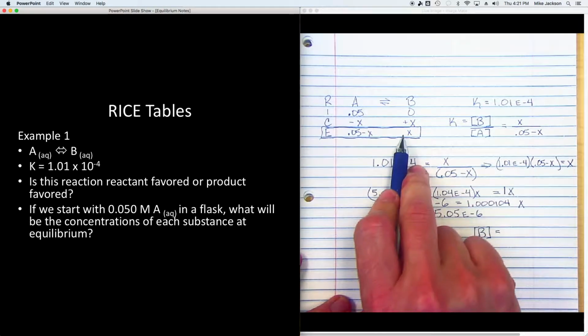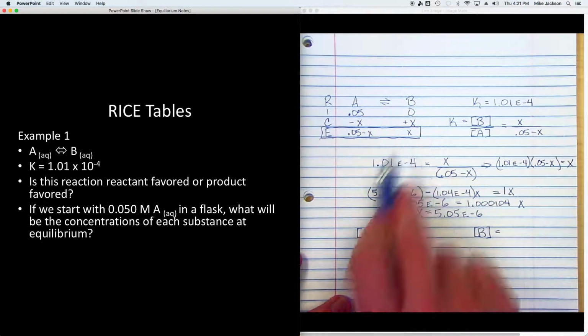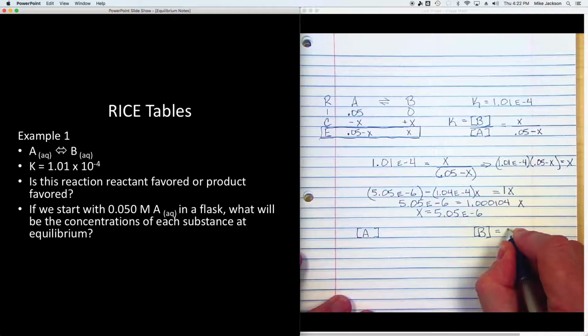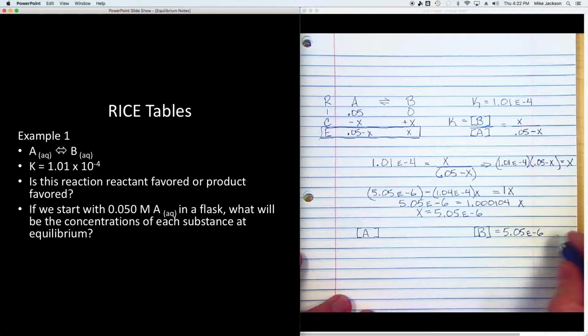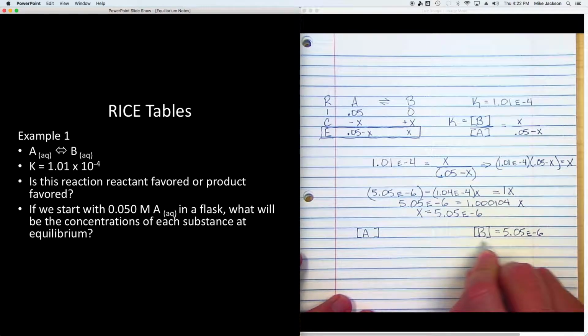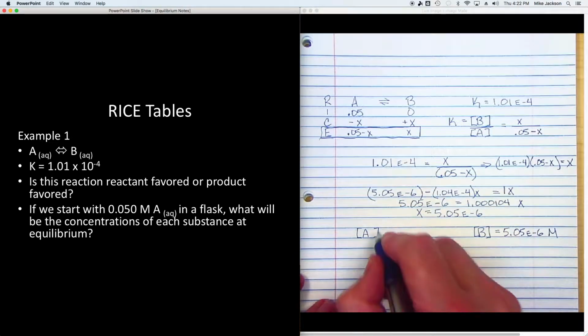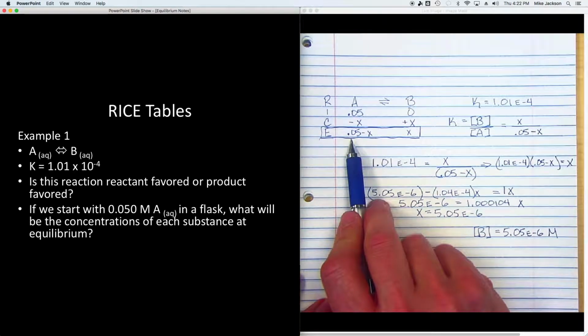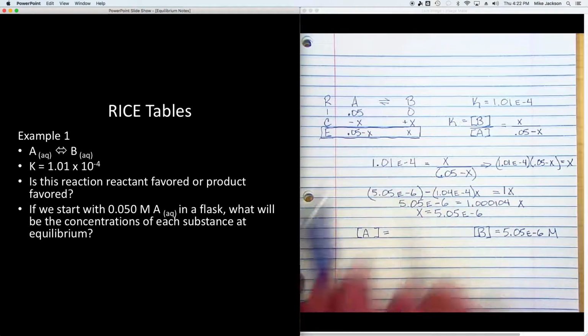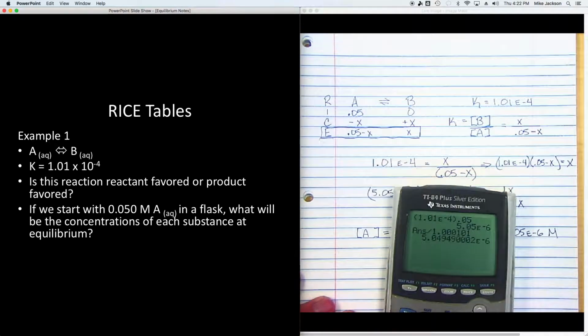So if x equals the concentration of B, B equals 5.05 times 10 to the minus 6th, and I need to put a unit on there, and molarity, the concentration, which is these brackets, is molar. Now A concentration, I'm going to look up here. The Rice table shows us that we have 0.05 minus x. So 0.05 minus our x value gives us 0.04999.